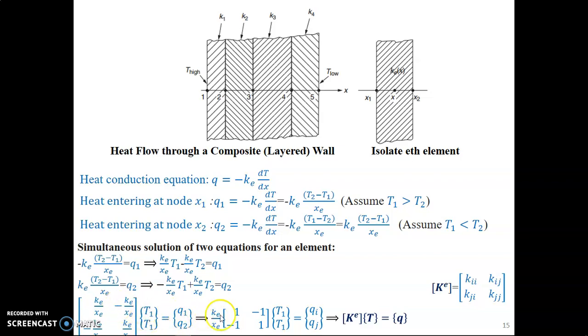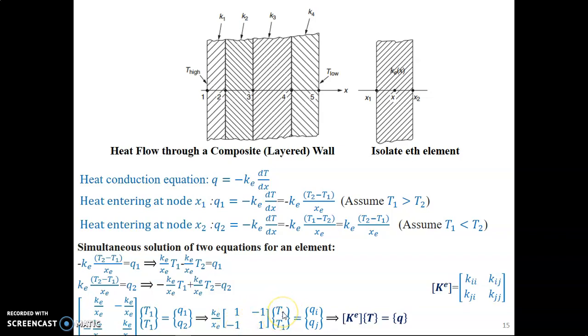Finally, Ke, the conductivity, is assumed to be constant within a composite slab, and Xe is the width of the slab. Again we will be getting the diagonal terms as positive unity terms, and the off-diagonal terms are negative unity terms.